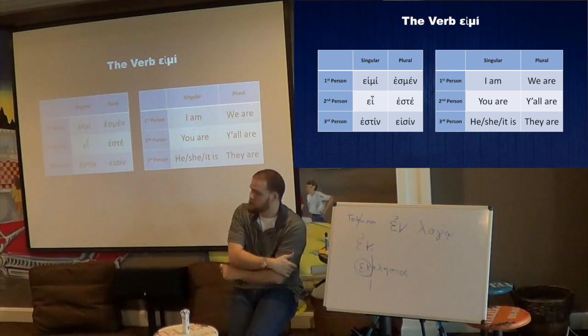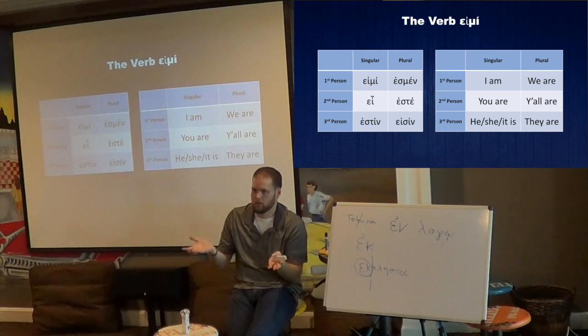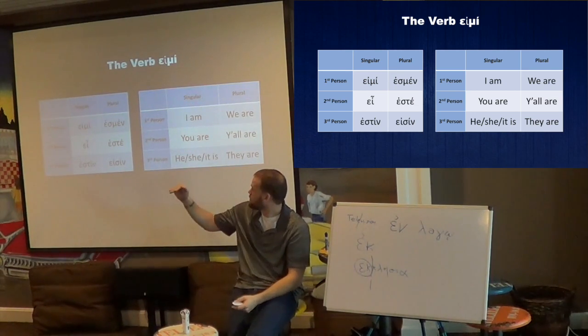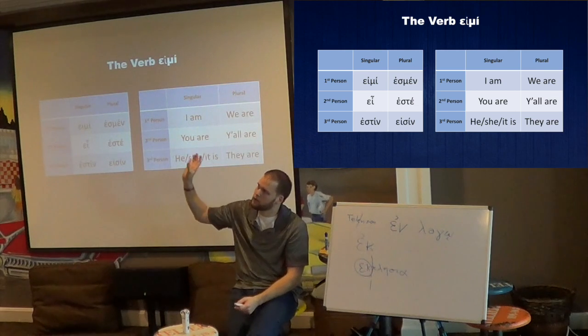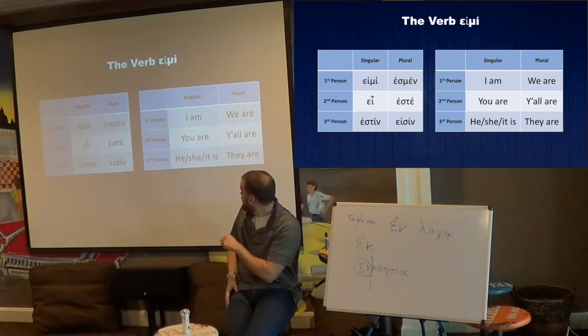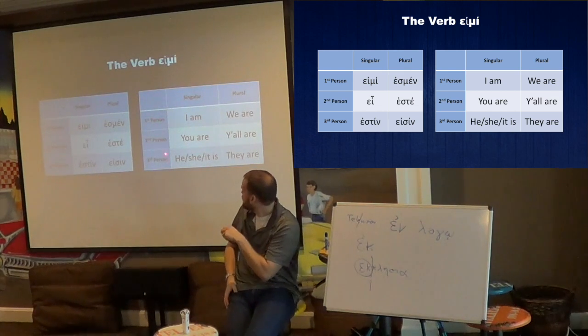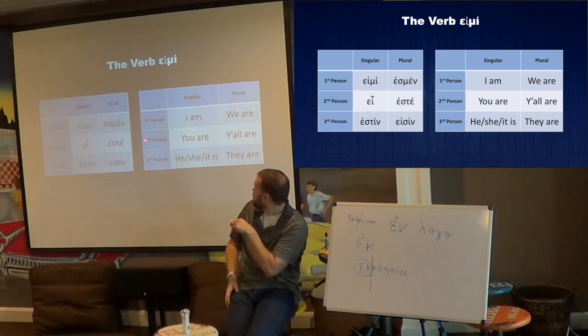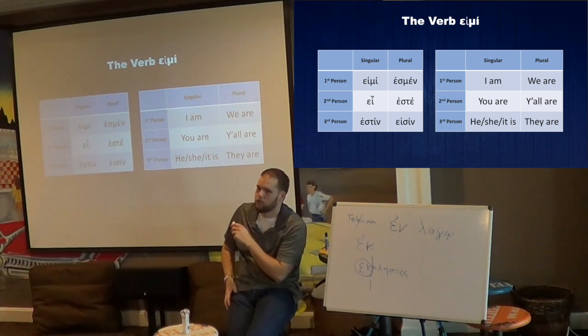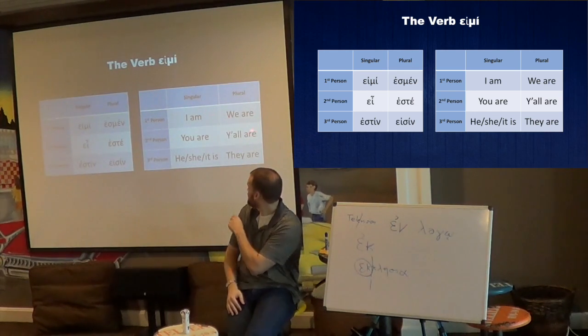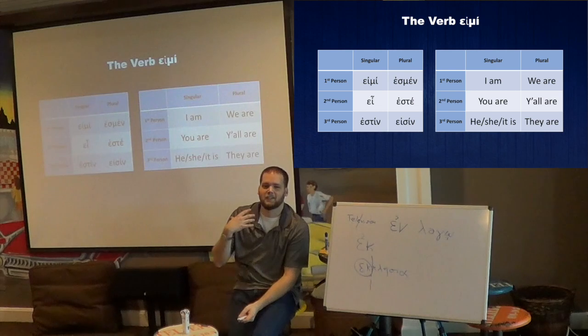So in English, we have this concept pretty clearly. So verbs all have a person and a number. And in Greek, they have a lot of other things that we'll get to, but person and number is the first thing. So it can be first, second, or third person. In English, it's I am, you are, he is. And then when you go to the plural, we are, y'all are. In Texan, we actually have a separate word for the second person plural, which is y'all.